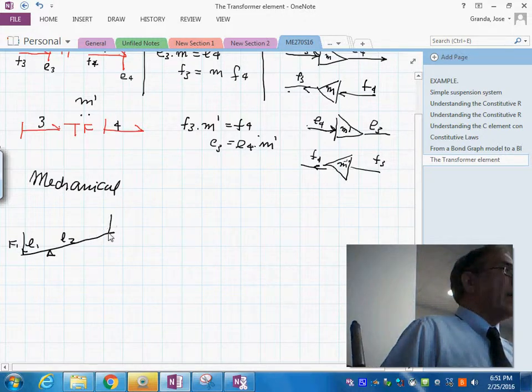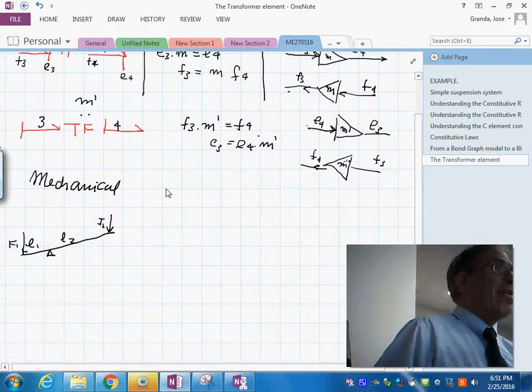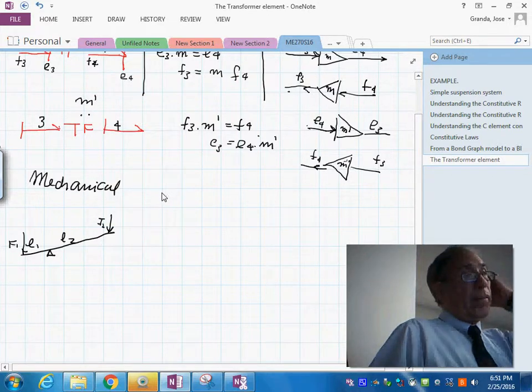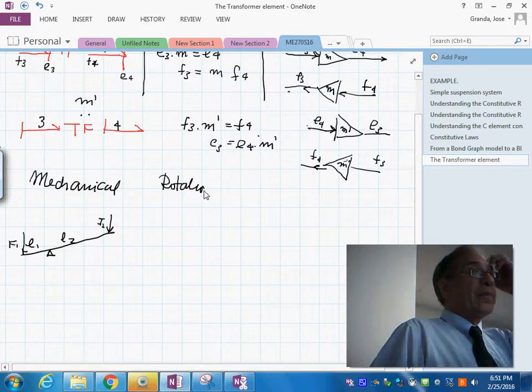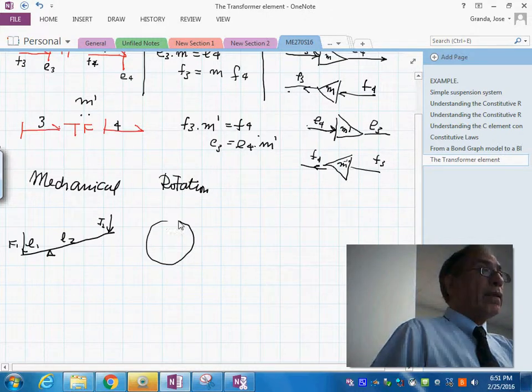You could have a set of gears like this, where you have omega 1 and you have omega 2, R2, and this would be R1. So in the rotation, or you can have it in the hydraulic domain.